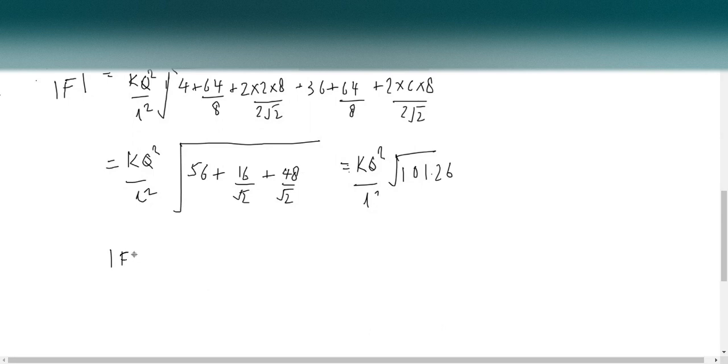So the total magnitude would be equal to 10.006 k q square upon L square.